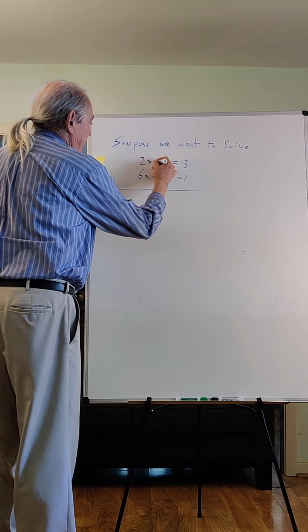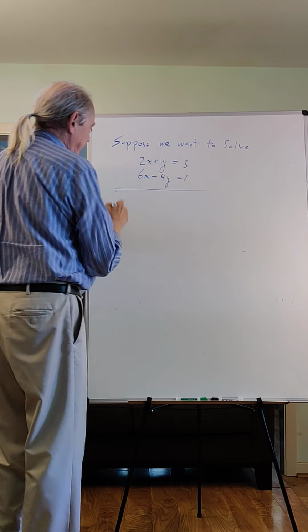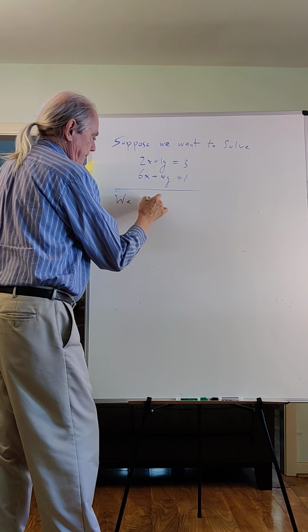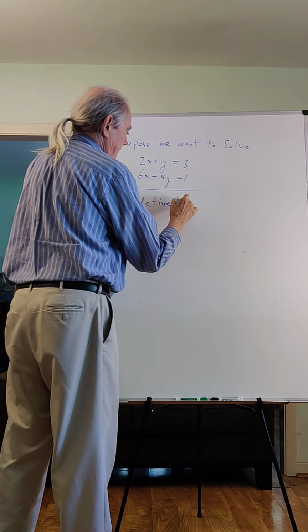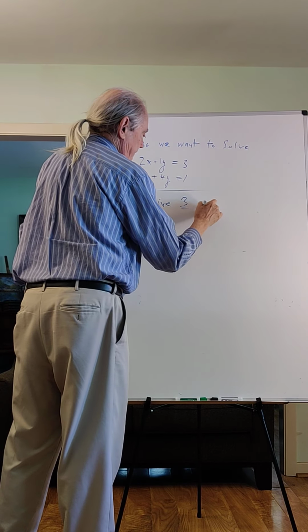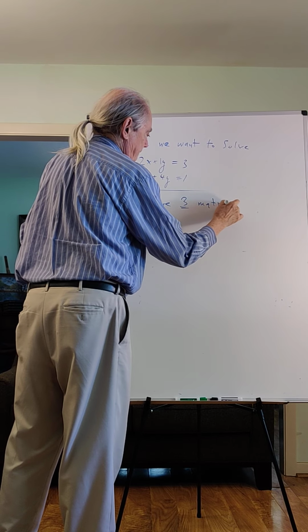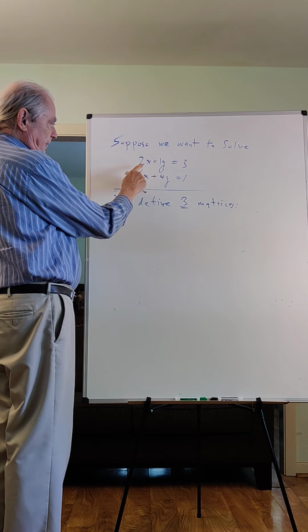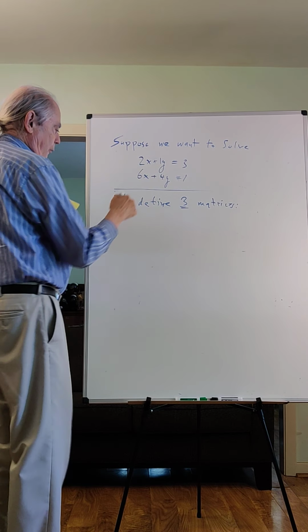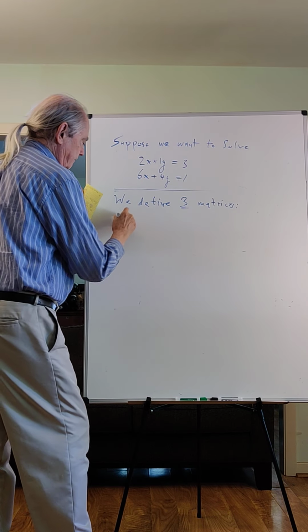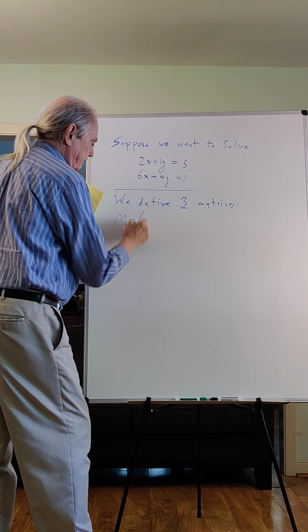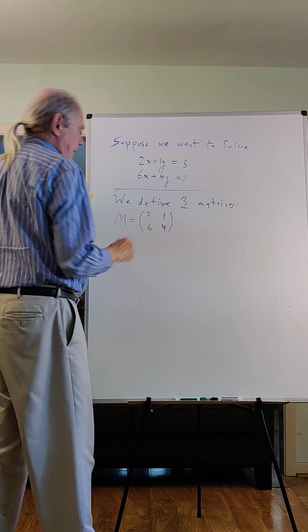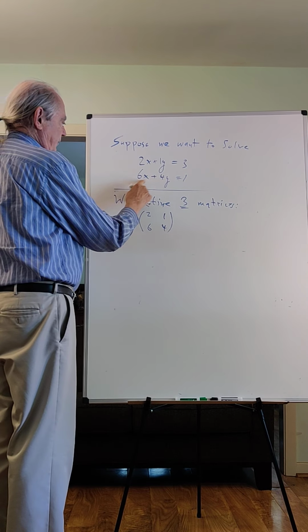So here's what we can do. We define three matrices. So we have the matrix of coefficients, 2, 1, 6, 4.